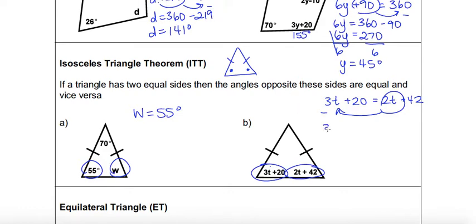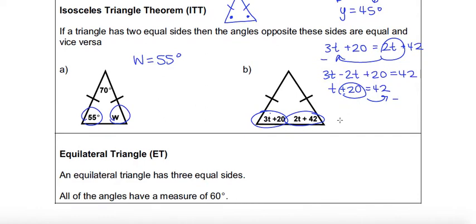So 3t take away 2t plus 20 is equal to 42. 3t take away 2t is 1t plus 20 is equal to 42. Now I'm going to take my 20 and I'm going to move it to the right-hand side. Right now it's being added, it's positive, so I'm going to subtract it from the right-hand side. So t is equal to 42 take away 20, or t is equal to 22.